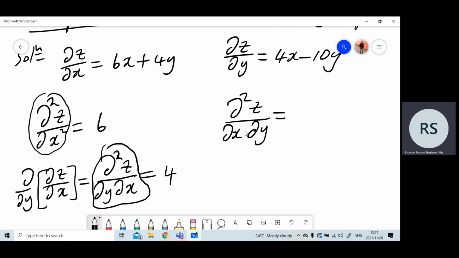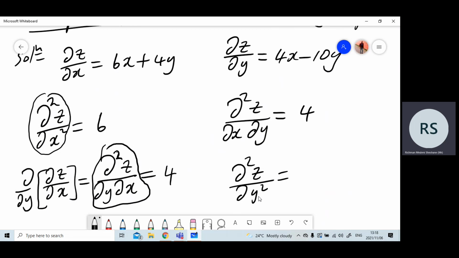So let's derive this function with respect to x. Yeah? So the answer here is going to be 4. When we derive with respect to x, the derivative that is being performed now is this one. With respect to x, we find it from the first derivative with respect to y. And then again, we can derive this function, the first derivative, to find the second derivative with respect to y.